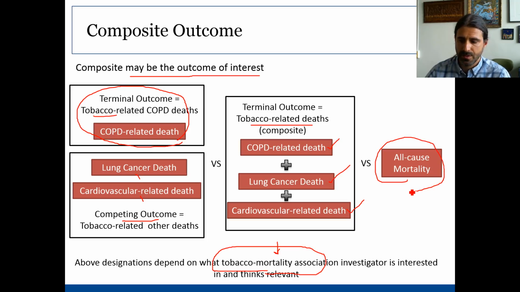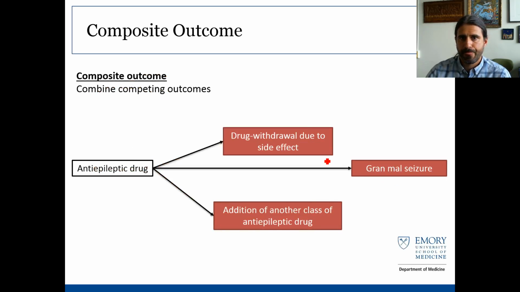Or all-cause mortality is sort of the ultimate composite outcome. Sometimes you want to combine competing outcomes, so this is one way to address competing outcomes.